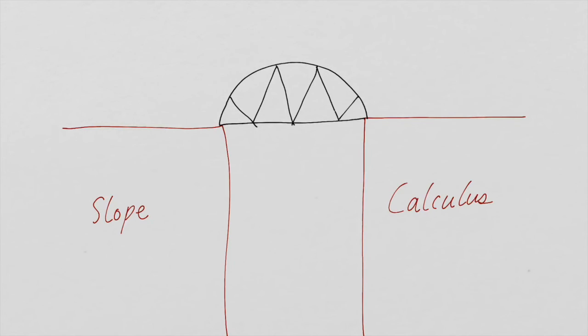This is a bridge, and this is the difference quotient. And what the difference quotient is going to let us do is use it for quite a while, or something very similar to it, to go from slope over to calculus.